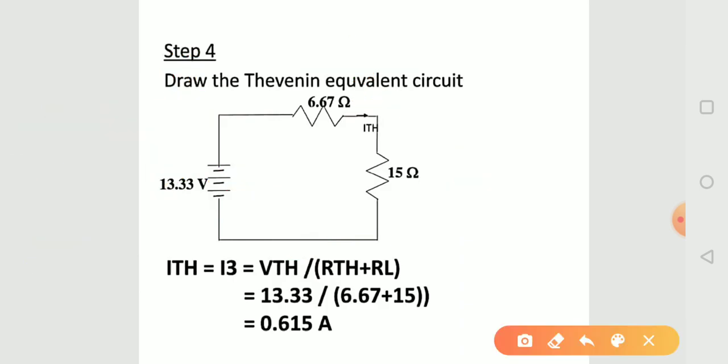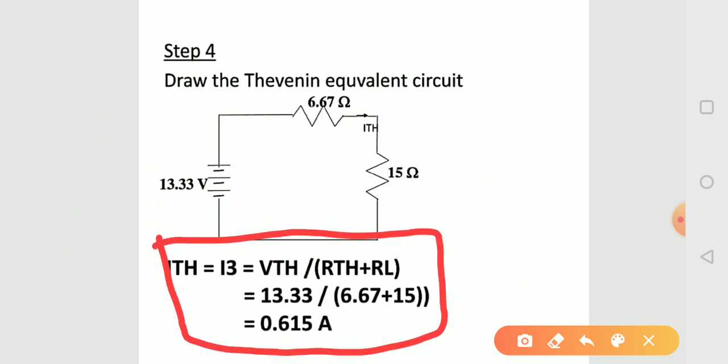So if we calculate this, VTH upon RTH plus RL, here the value is VTH is 13.33 upon RTH is 6.67 plus RL is 15. If we calculate these values, we find the current is 0.615 ampere. This is the load current for this circuit.